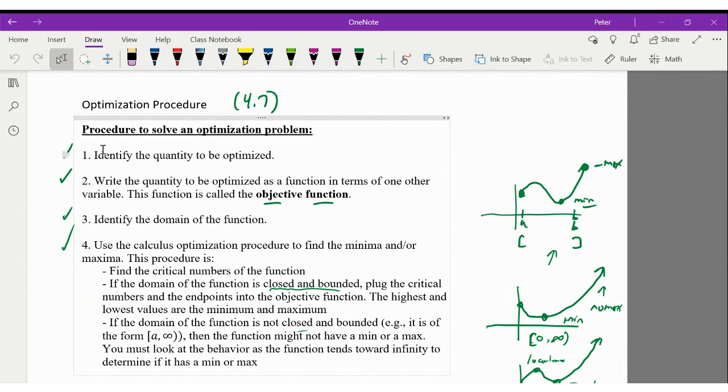We know how to find the maximum and minimum of a continuous function on a closed and bounded interval. And when the interval is not closed and bounded, at least we know how to characterize the critical numbers and say whether they are maxima and minima. And we'll learn a couple of other techniques for determining when absolute maxes and mins exist when the interval is not closed and bounded.